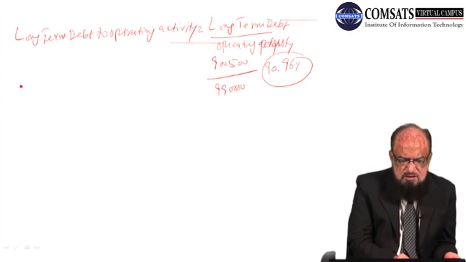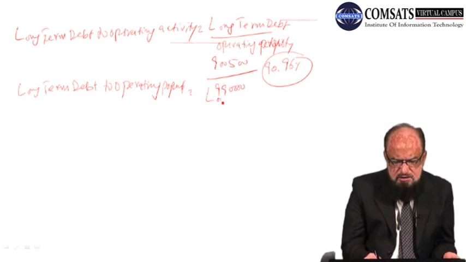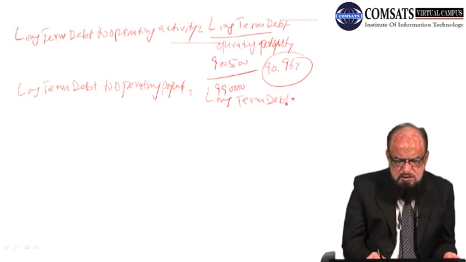Now we will calculate the long-term debt to operating property for year 2002. It is equal to long-term debt divided by operating property.